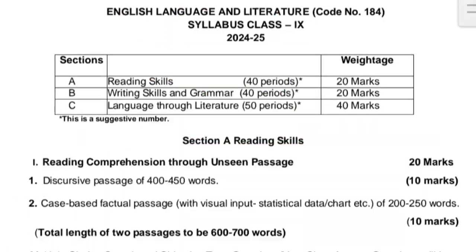Modal verbs, which are very important. In total we have 24 modal verbs, but if you focus on may, might, can, could, must, should, would, used to, had to, these are very important.